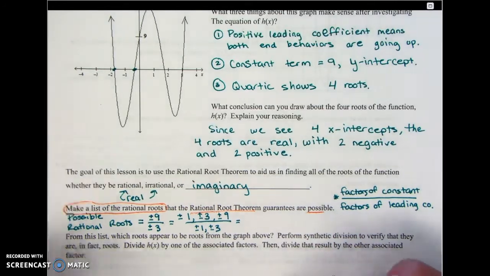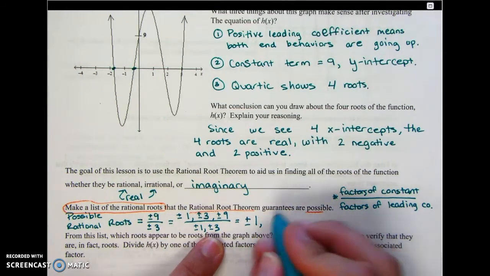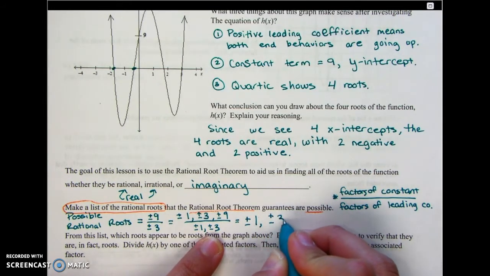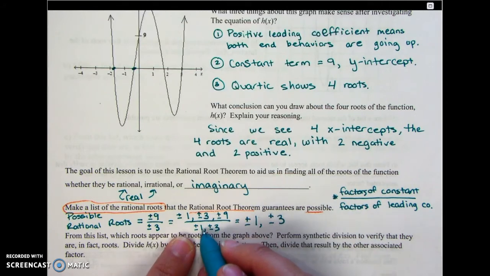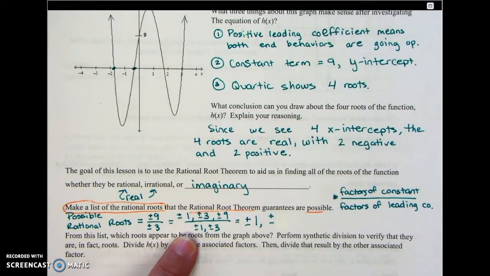All right, here we go. 1 divided by 1 is 1. 1 divided by 3 is 1/3. I said it right, but I wrote it wrong.